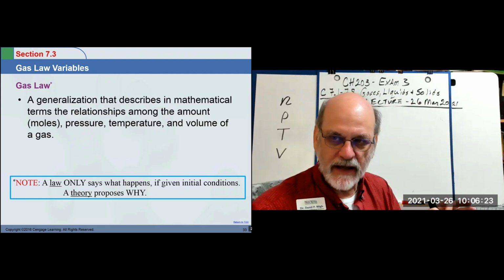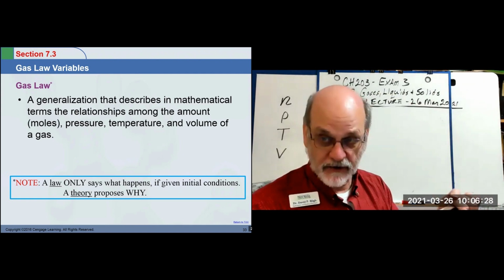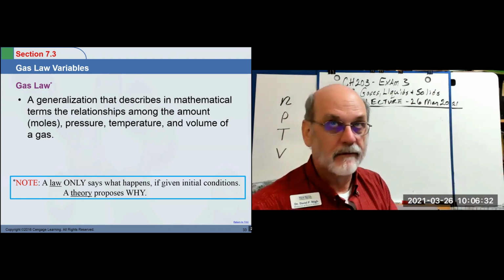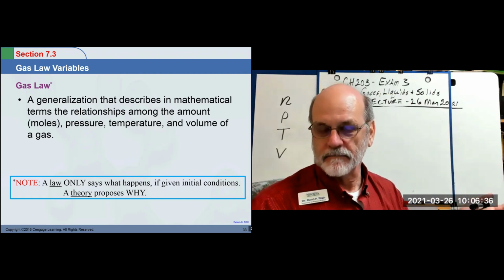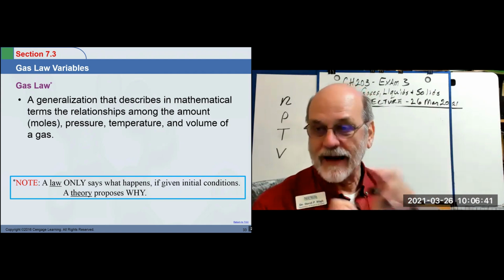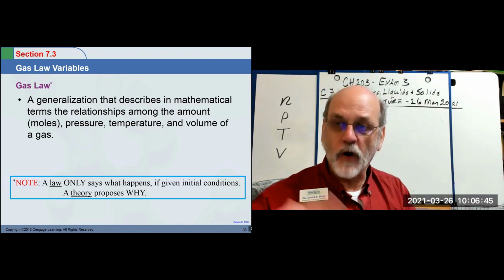And the other thing that made the study of gases particularly attractive was that gases tend to behave the same way no matter what the particles are. Are they composed of oxygen, nitrogen, chlorine, hydrogen, helium? It doesn't matter. Why? Because an ideal gas doesn't interact, so it doesn't matter what the particles are, and they're very far apart.